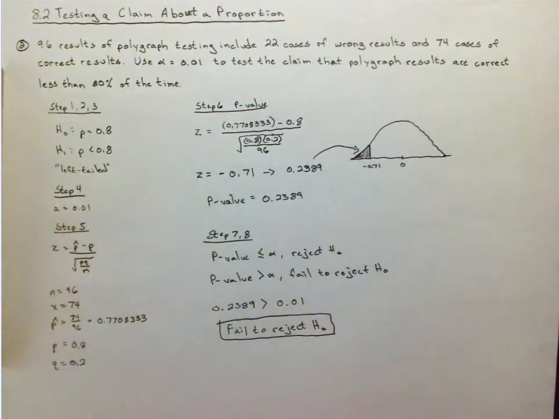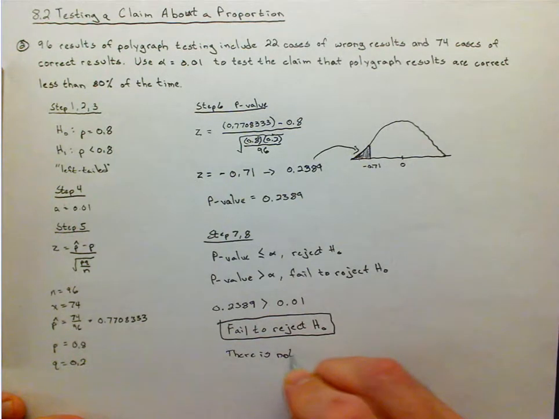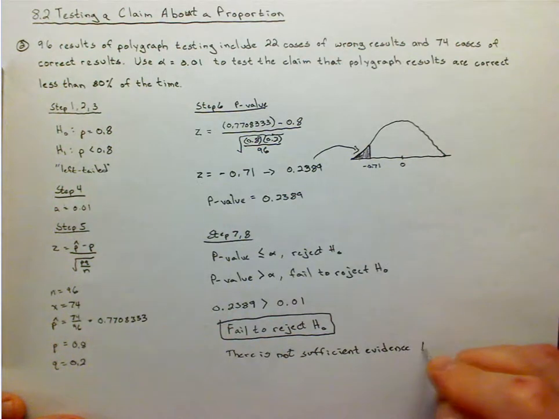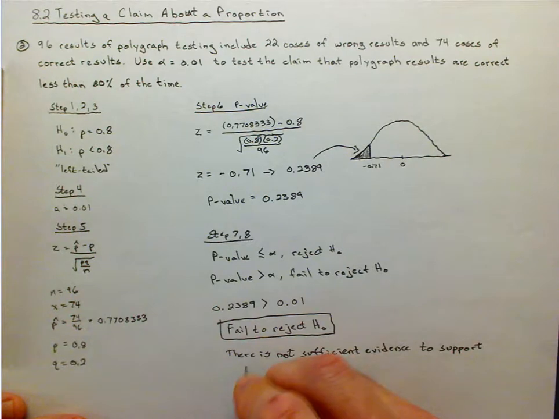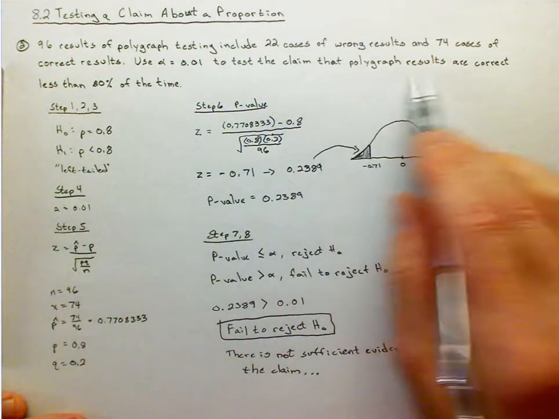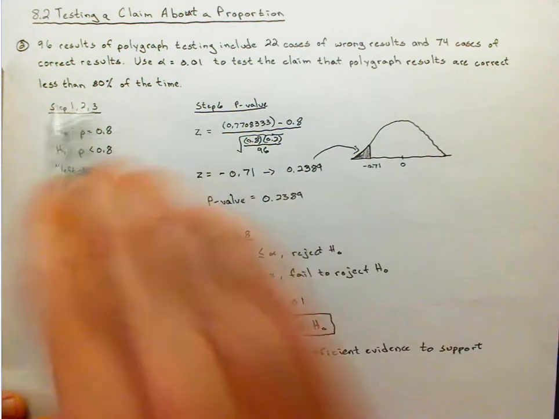And in essence, I'm saying there is not sufficient evidence to support the claim. And the claim is that polygraph results are correct less than 80% of the time. There is not sufficient evidence to support that claim.